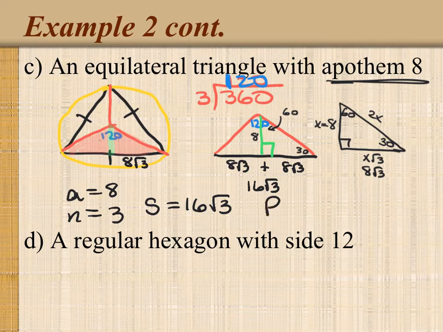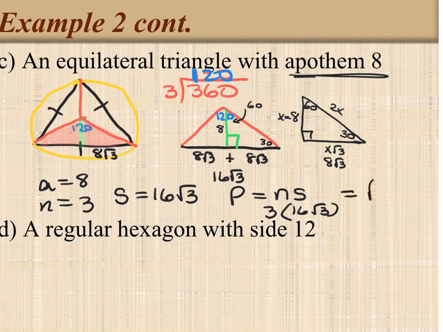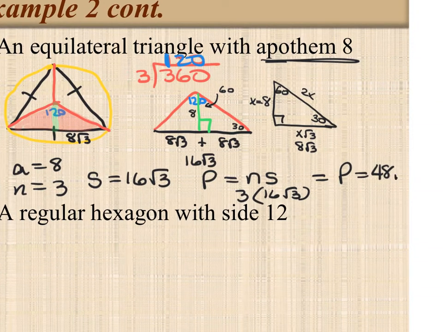So perimeter is equal to the number of sides times the side length. A triangle has 3 sides, and I just found the side length to be 16 square root 3. So my perimeter is going to be 16 times 3, and it's 48 square root 3, and these are units.